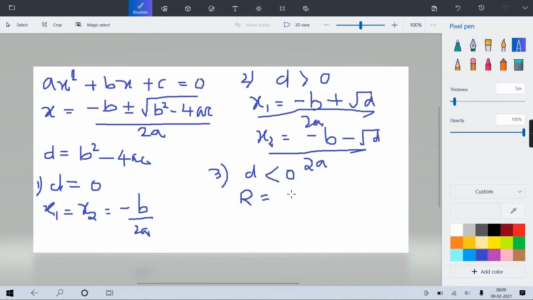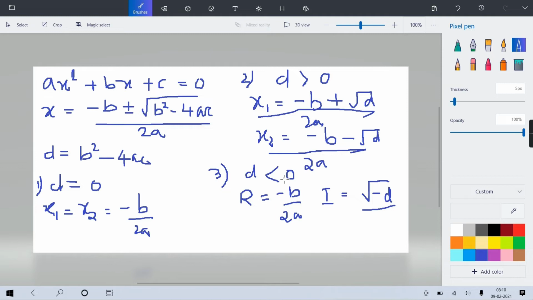Now real part will be this thing, minus b upon 2a. And imaginary part will be root of, already it is negative, so we are going to take negatives, because finding root of a negative is not allowed, isn't it?